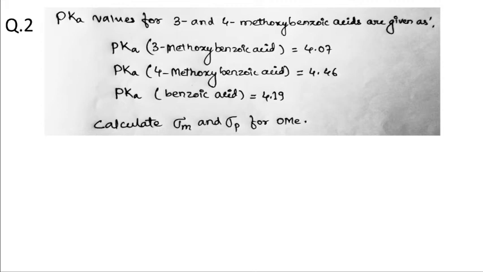Then you calculate sigma m and sigma p, where m means meta and p means para substituted for OMe. That means the compound is 3,4 methoxybenzoic acid.